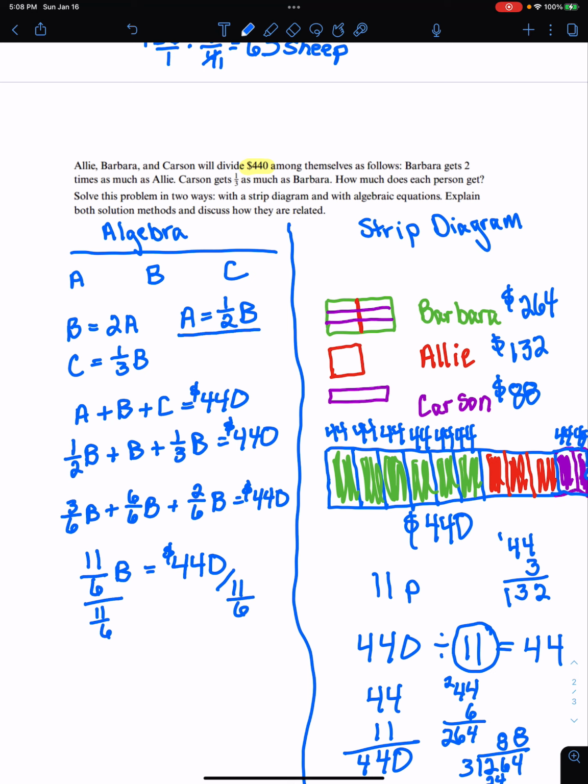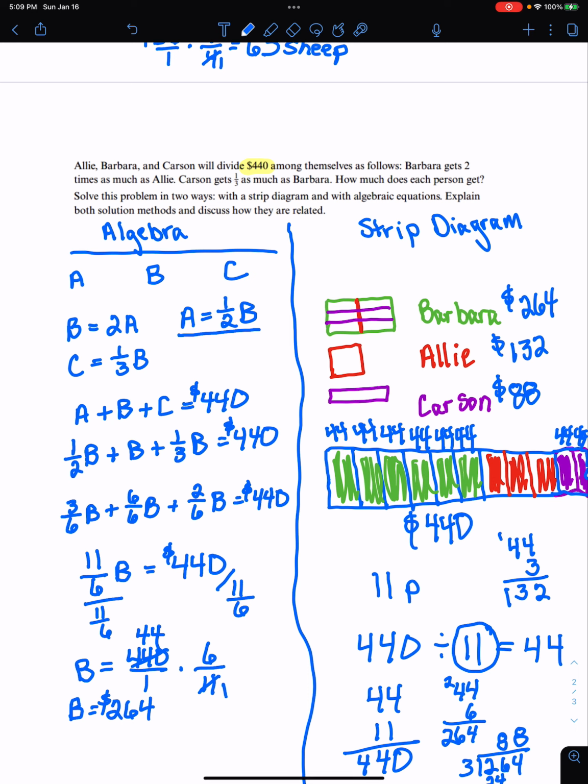If you remember that dividing by a fraction is the same as multiplying times its reciprocal, 6/11ths, we are going to find that if we simplify this, 11 goes into 440, 44 times. 44 times 6, so our B is 44 times 6, which we did over here on this side, and we get $264, and that's how much Barbara gets.